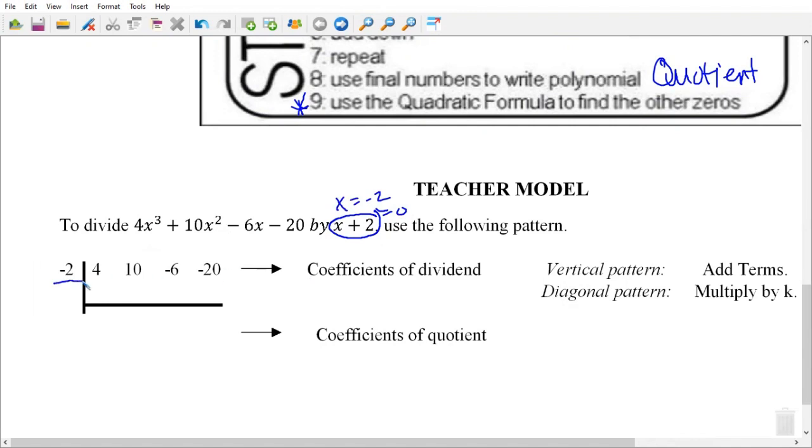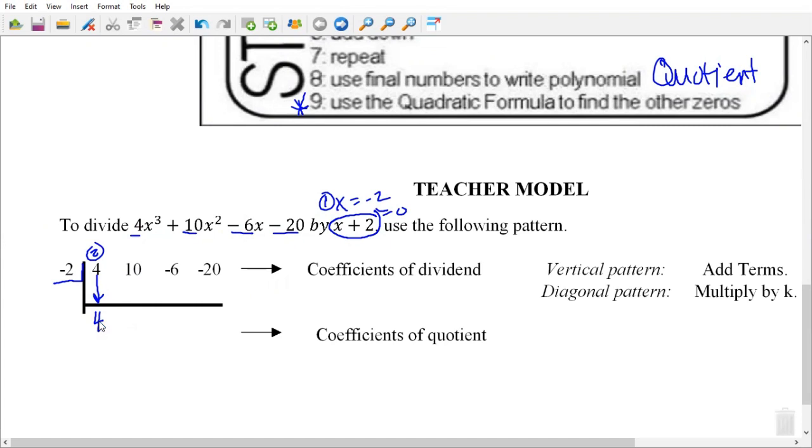So that's the value that goes in my house. Step 2 is to list out your coefficients: 4, 10, -6, -20. Step 3 is to bring down your first coefficient. And then step 4 is we start the process of multiplying, writing the product, adding.